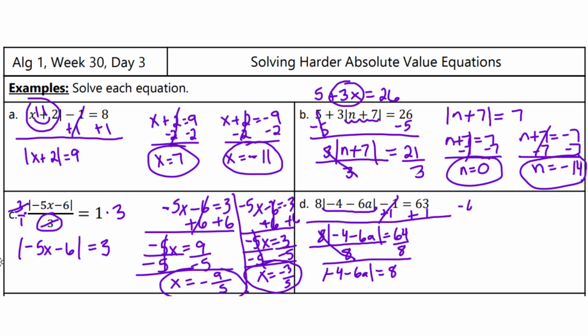So negative 4 minus 6a equals 8. And also negative 4 minus 6a equals negative 8.